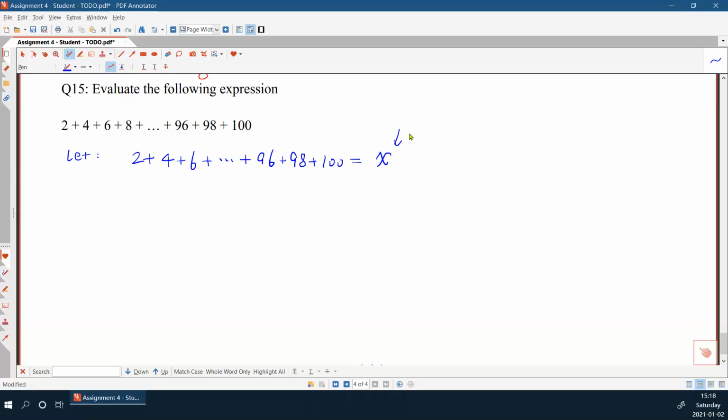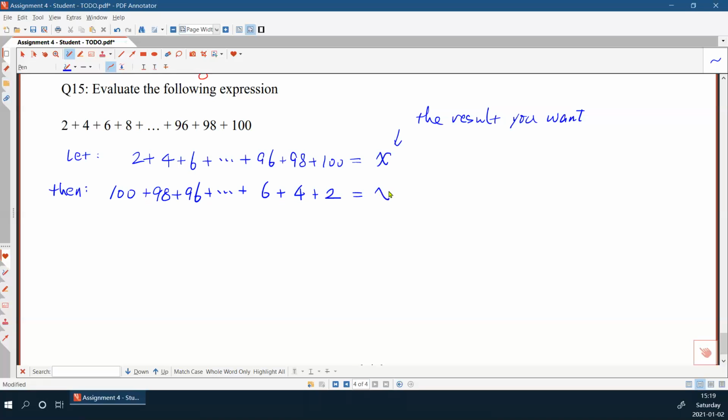X is the number you want, or the result you want, right? Also, you can rewrite the expression as 100 plus 98 plus 96 plus 6 plus 4 plus 2.